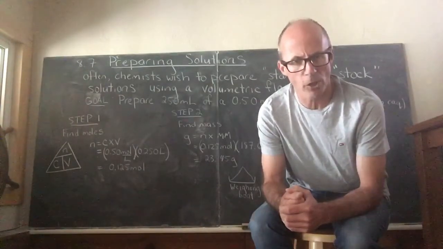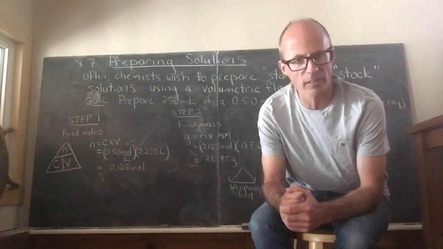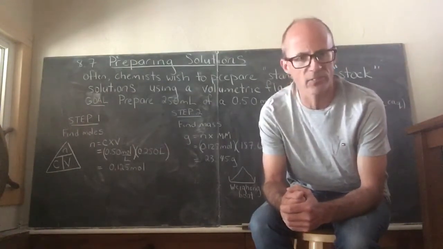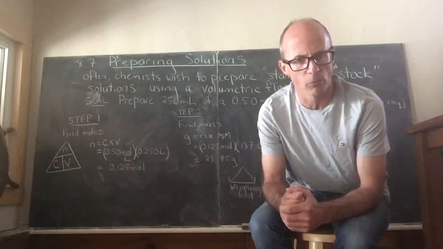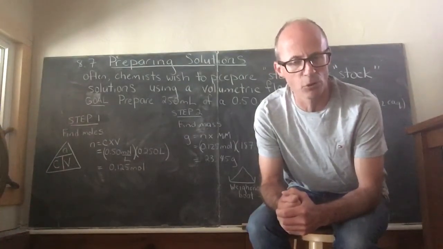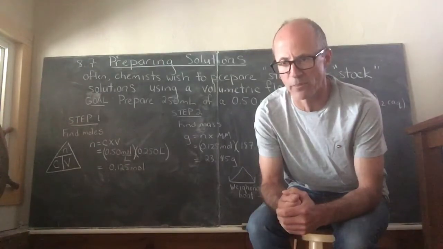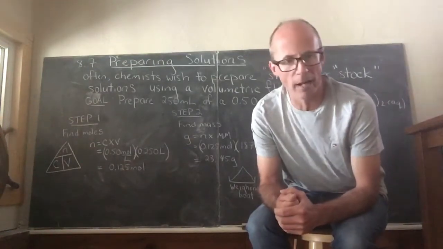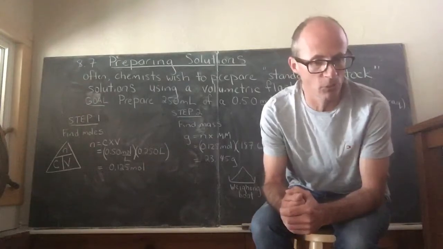And we're going to go through the steps required to make a solution. I know I talked a little bit about the volumetric flask the other day, and we'll follow up on that. So here are the steps that you would take if you were going to step foot in the lab. Clearly my students would be doing this right now.